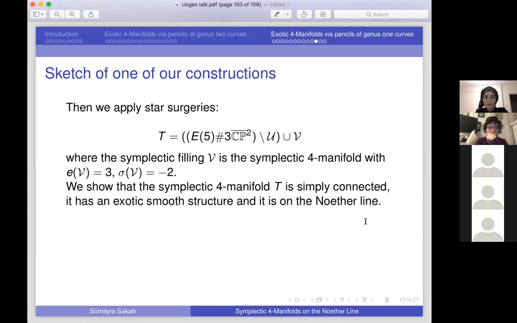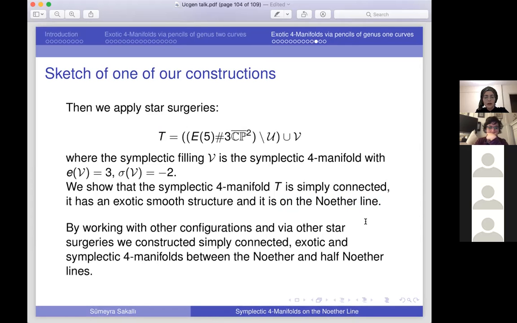And in my work, I also work with other configurations coming from different pencils. And then to those configurations, I applied different types of star surgeries. And then I have made other constructions. And those manifolds are lying below the Noether line. However, they are above the half Noether line.